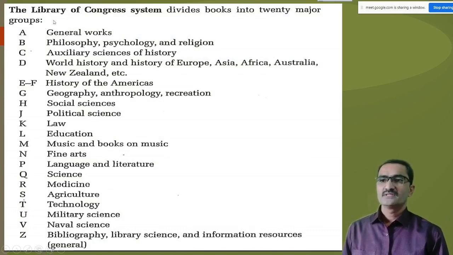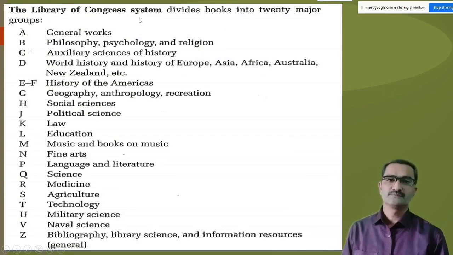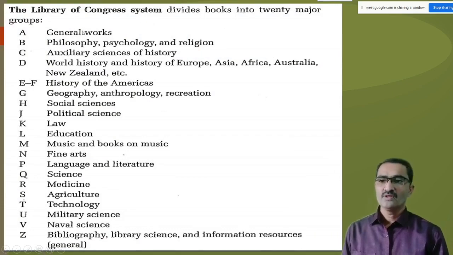This is the Library of Congress system that divides books into 20 major groups. They are listed like A, B, C, D, E, F, G, H. I is generally avoided. J, K, L, M, N, O is dropped.